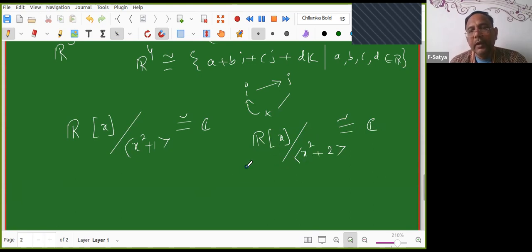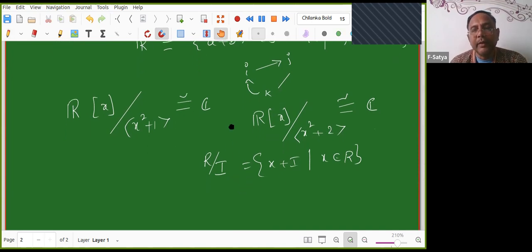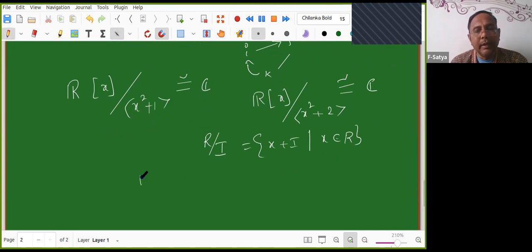So how do elements look like? In R[x]/(x square plus 1), elements look like x plus iy, such that x, y belong to R, right? Here you know the definition of how to multiply, add, and so on. But when I am doing this in this particular example R[x]/(x square plus 2), how do elements look like?